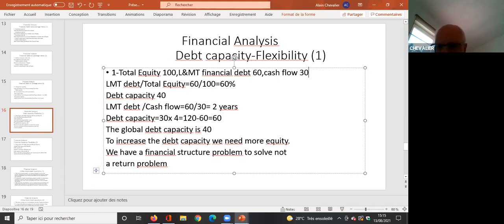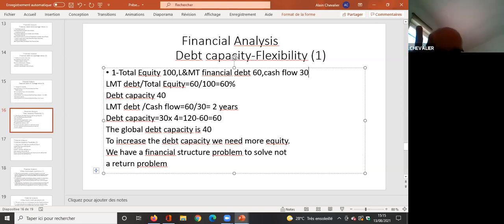And we have 120 minus the present level of debt. That means if you have a total debt capacity of 120, and you already use 60, you still have a possibility to borrow 60. So the debt capacity, according to this constraint, is 60.